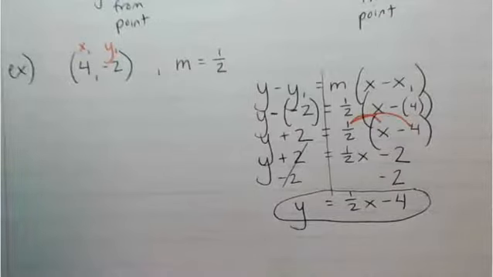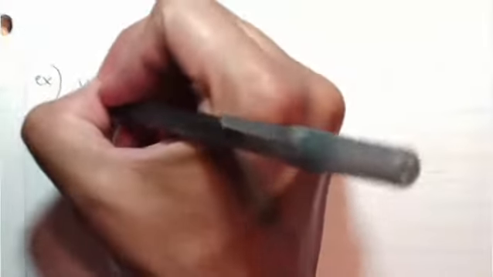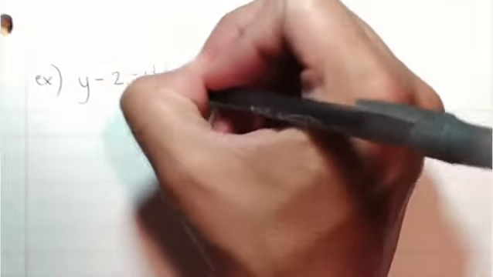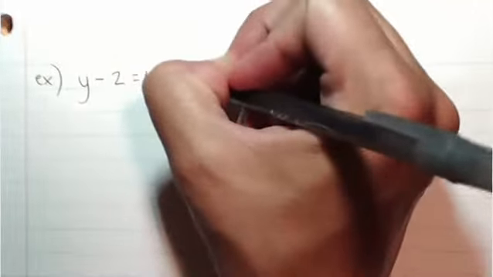Okay, now another thing that we're going to have to do, flip over to the next page, is I might give you the equation and you have to tell me from the equation that's in point slope form what is the point and what is the slope. So say I give you this equation, let's say y minus 2 is equal to 4x plus 4.